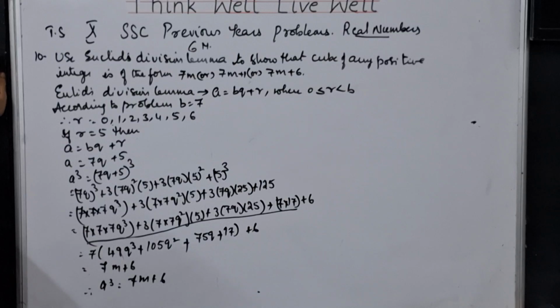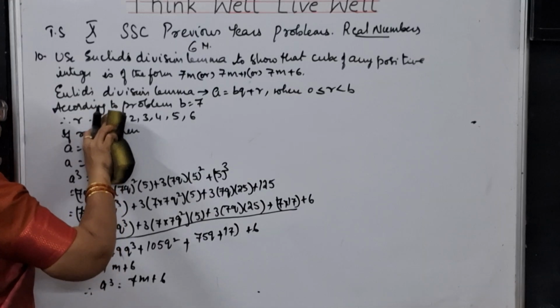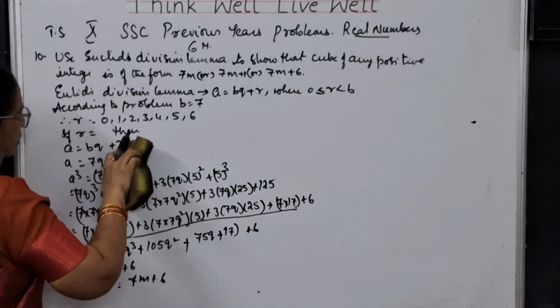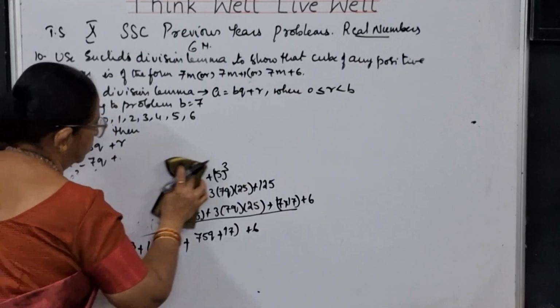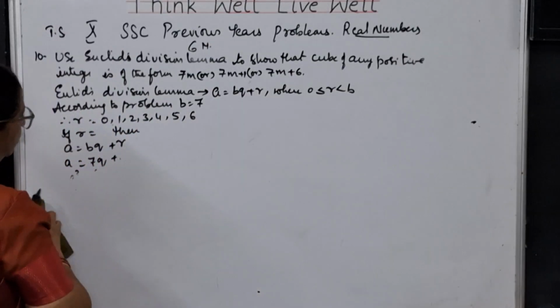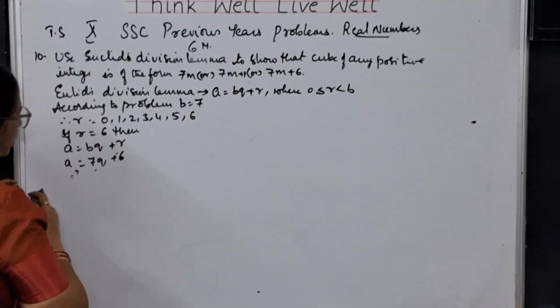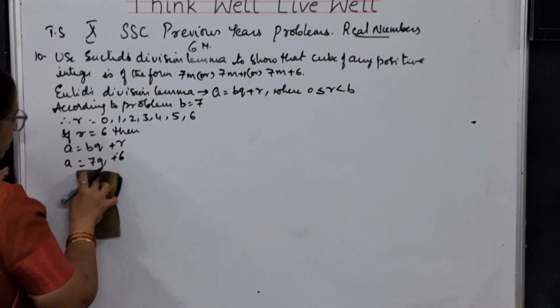I'll do it again, children. Please copy. Now, if r is equal to 6, then a is 7q plus 6.